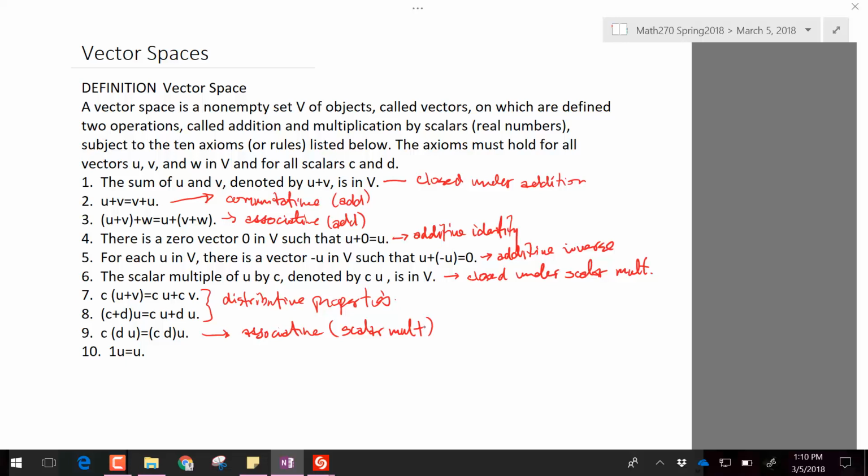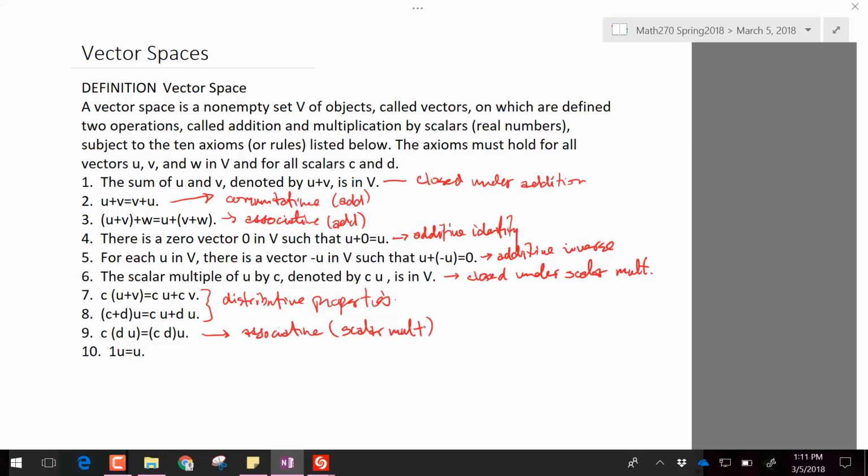I keep calling it field. In the vector space, the scalars live in what's called a field. Actually, fields are commutative. Never mind. Anyways, the commutativity is not important because it's a vector field. It's assumed to be commutative anyways. And there's no commutative property for scalar multiplication. I guess that's what I'm trying to say.